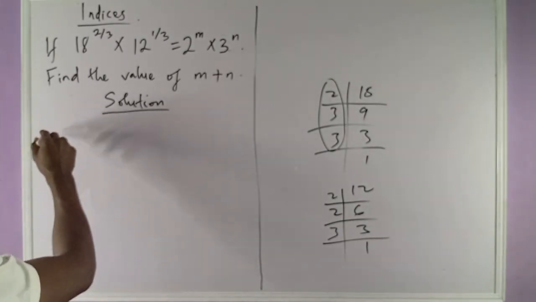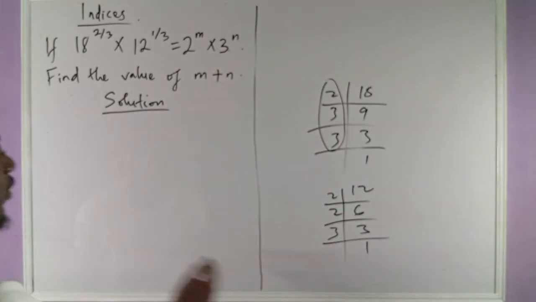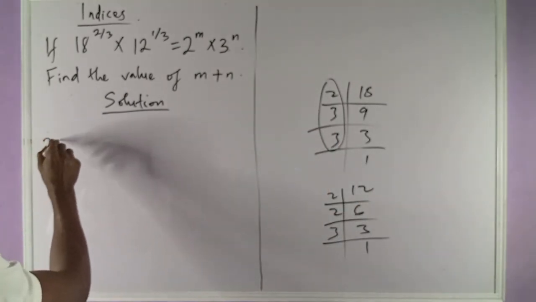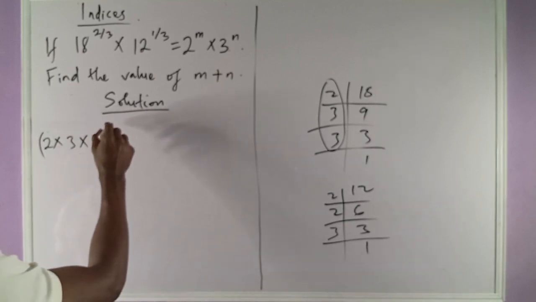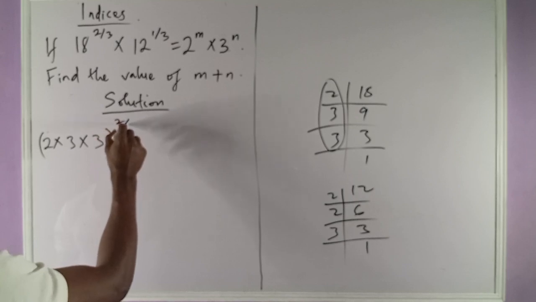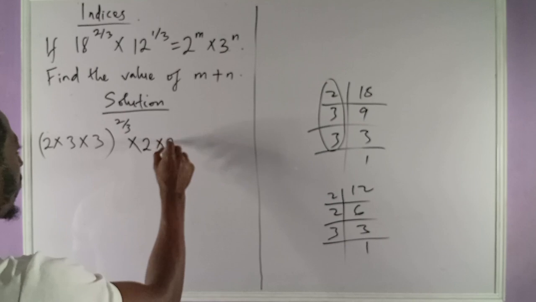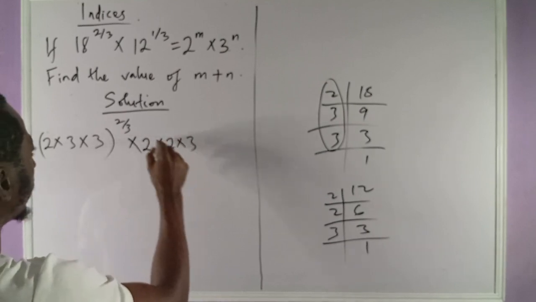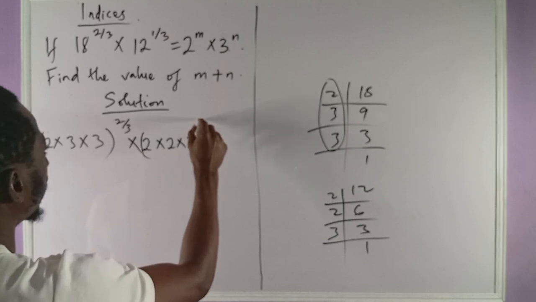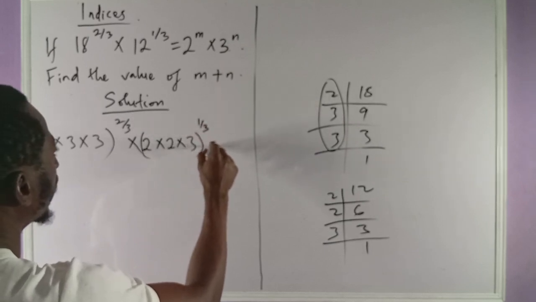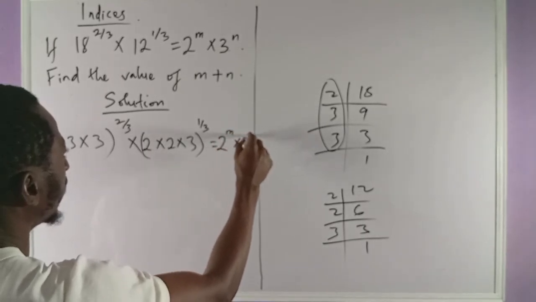So instead of writing 18, we will write 2 times 3 times 3, everything enclosed in a bracket, raised to power 2 over 3, multiplied by 2 times 2 times 3, everything in a bracket again, raised to power 1 over 3, is equal to 2 raised to power m times 3 raised to power n.